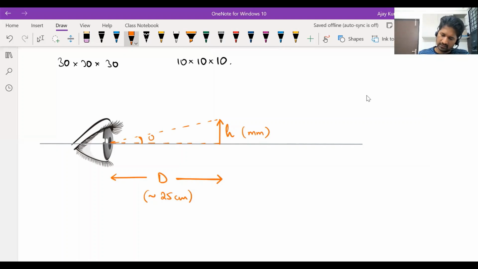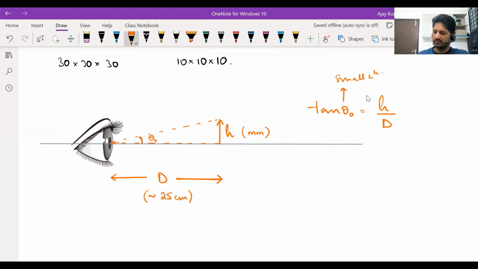Call this angle theta. When you look at the object directly, let's call this angle theta naught. By placing it at the near point distance, the angle it subtends is theta naught. Now from this triangle itself, you can say tan theta naught is height of the object divided by distance from the eye. And because the height is very small, this angle is going to be a small angle.